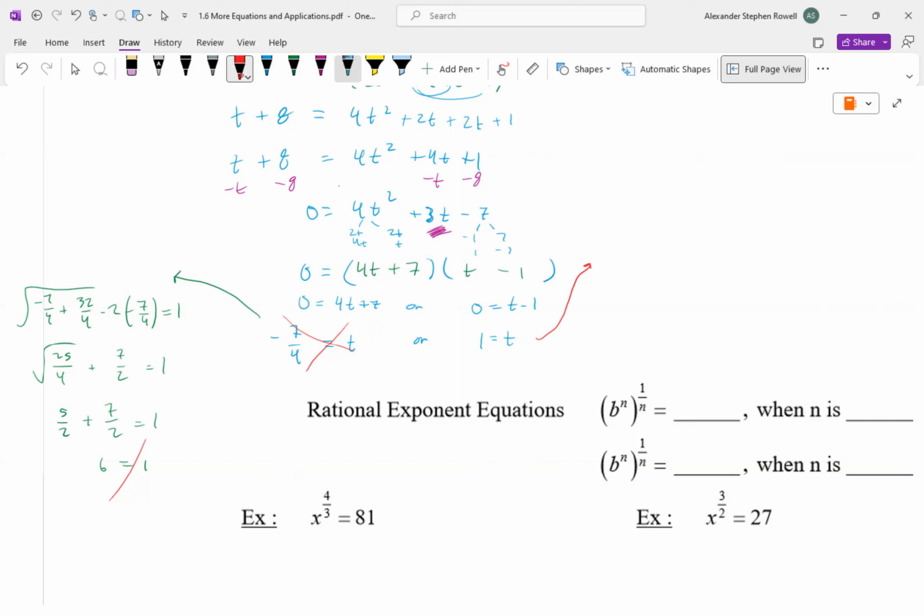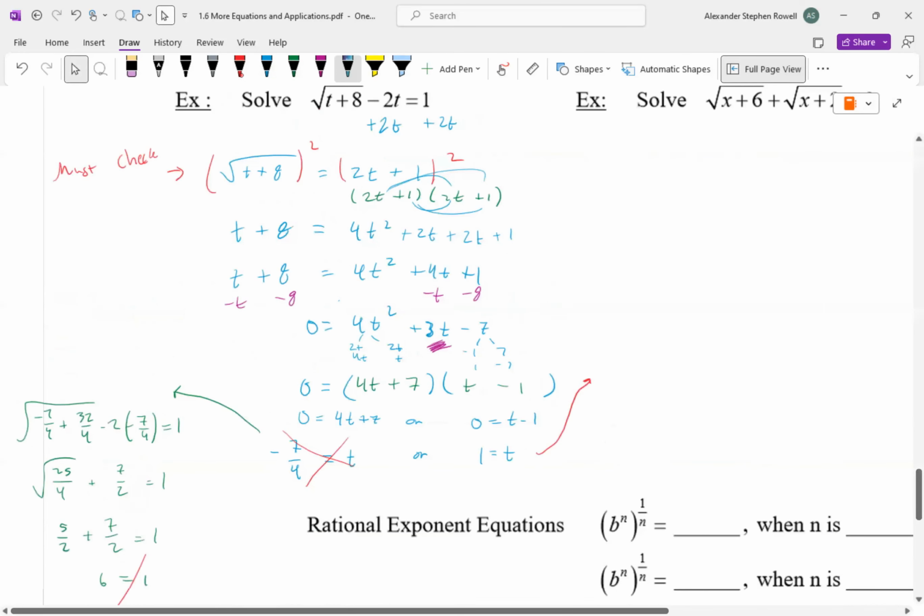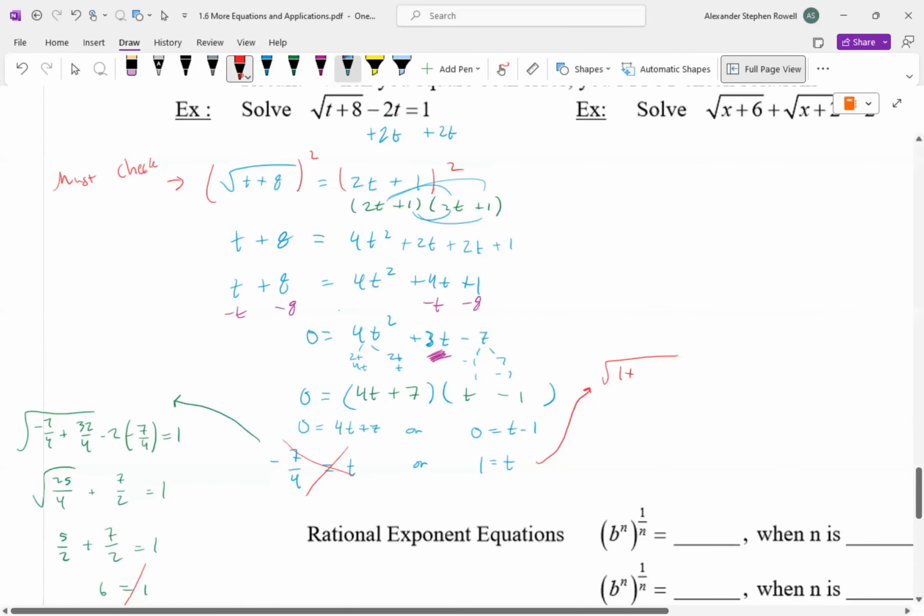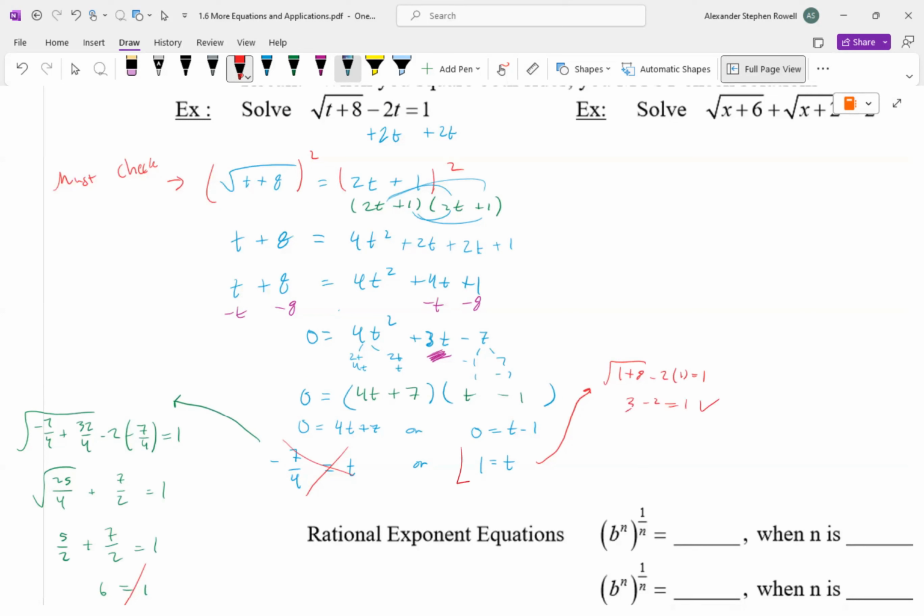So if we plug in 1, what do we get? Square root of 1 plus 8 minus 2 times 1 is equal to 1. So square root of 9, 3 minus 2 is 1. Yes, therefore t equals 1 is our one and only solution. Any questions about that?